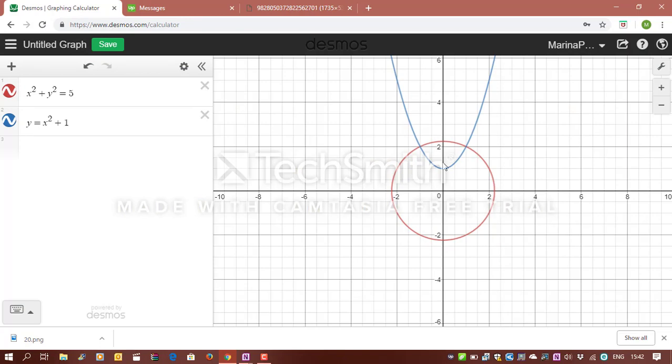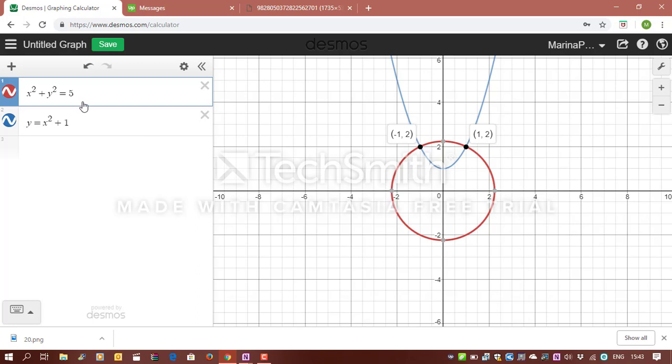So you can see from this picture that one point of intersection has coordinates 1 and 2, and the second point has coordinates minus 1 and 2, so their sum will be 4, of course.